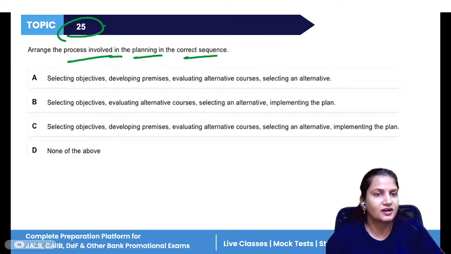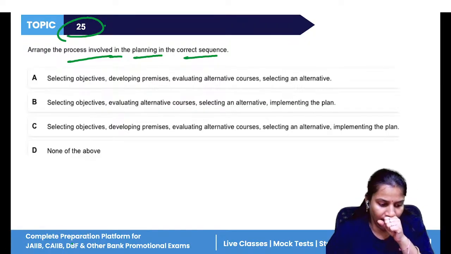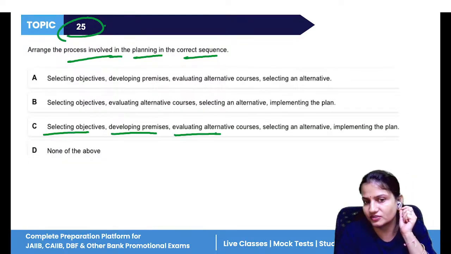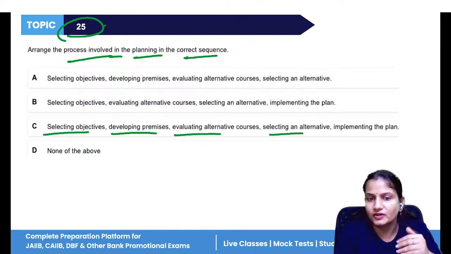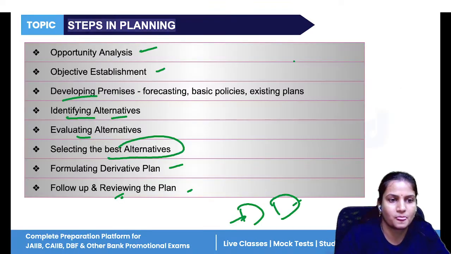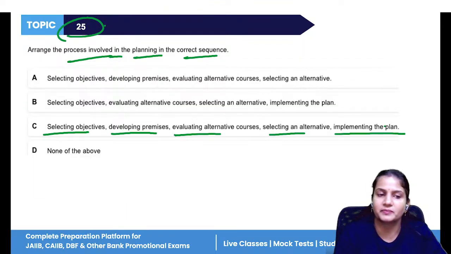So what is the process in planning? First you will select objectives, then develop premises, then evaluate the alternative courses of action, then select an alternative, and at last you will implement the plan.